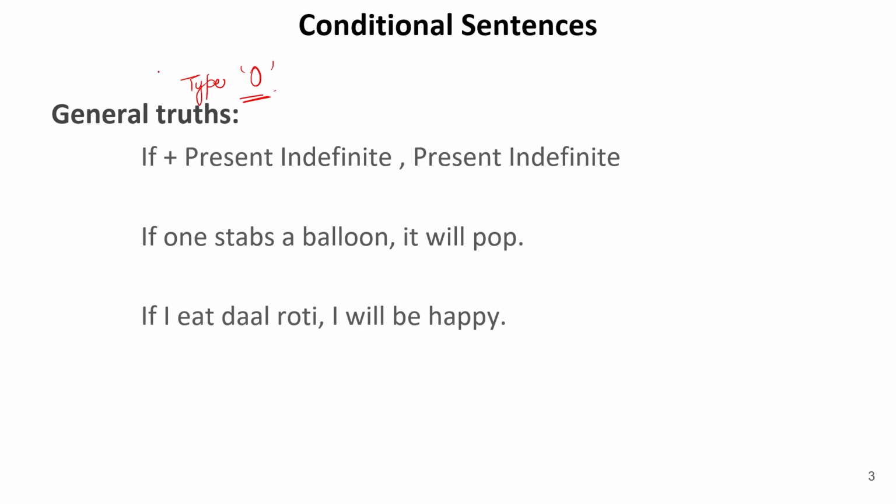In this case, we use if with present indefinite tense, and then we have present indefinite tense again. It means the sentence will be like if plus first clause, then we have another clause. In this clause, we'll write present indefinite, means subject plus verb first form or verb fifth form.